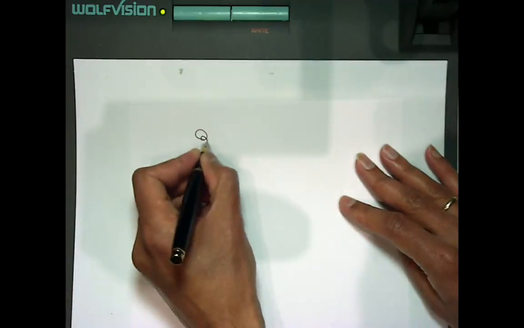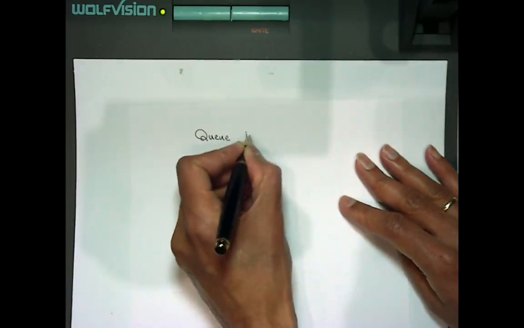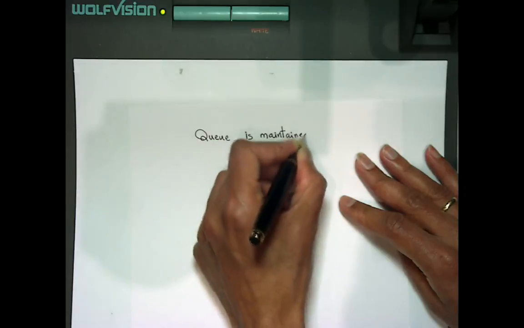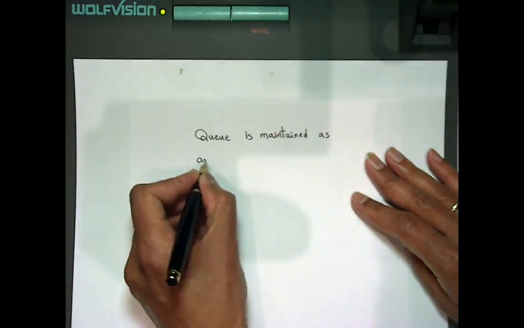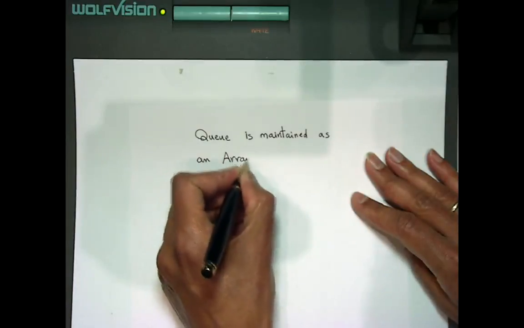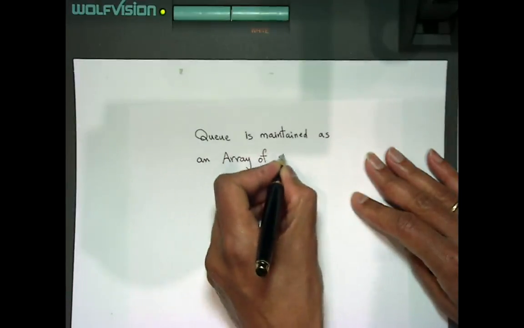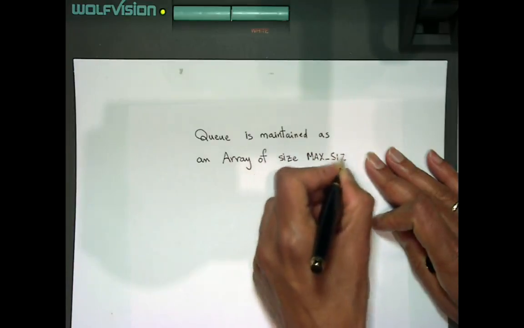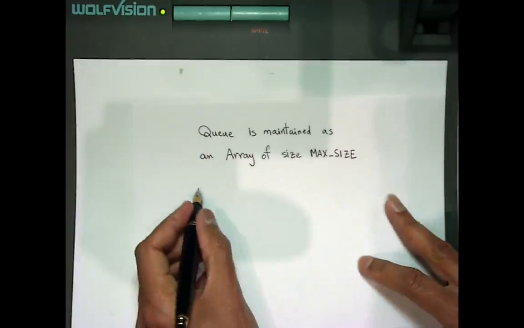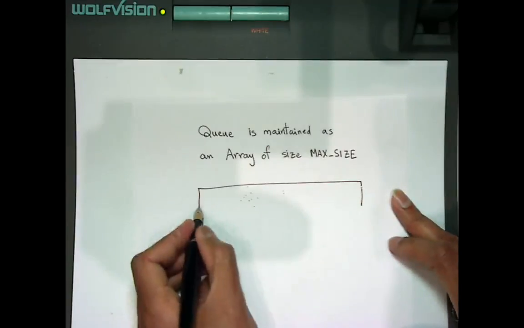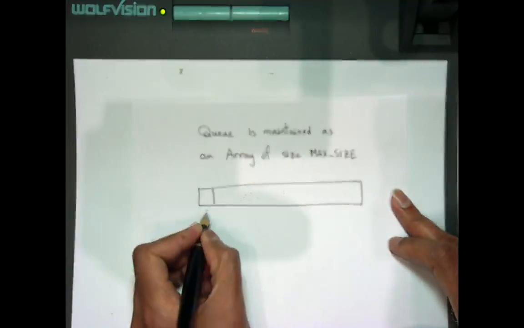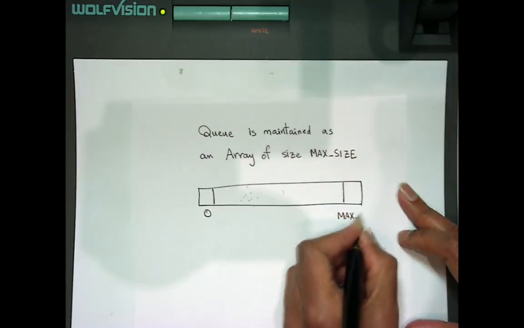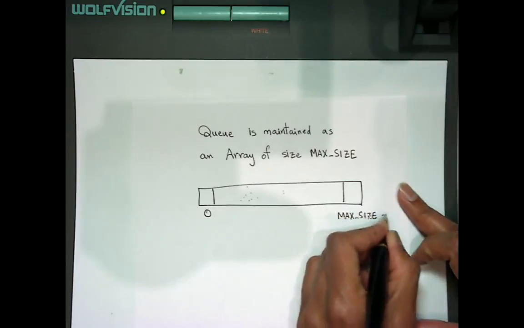The Q is maintained as an array of size, just to be clear, let me call it max size. So that is the size of the array, right? And so the last index is max size minus 1.